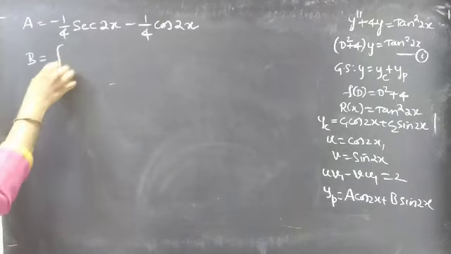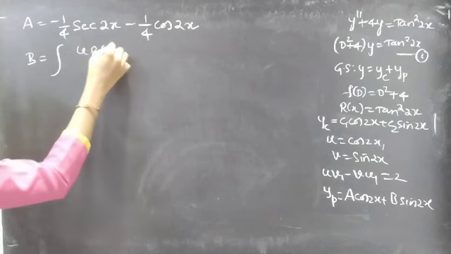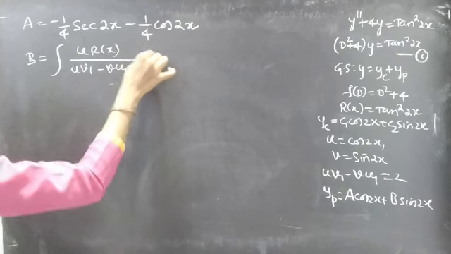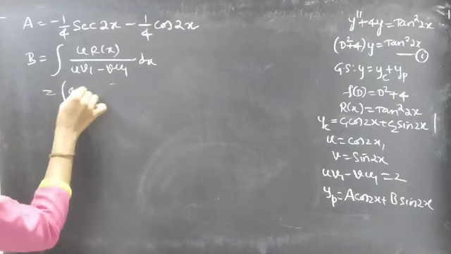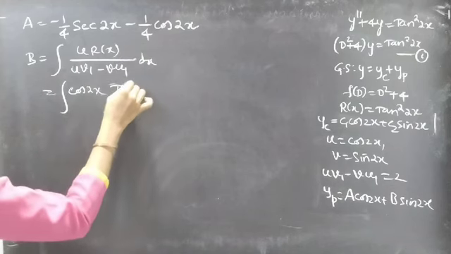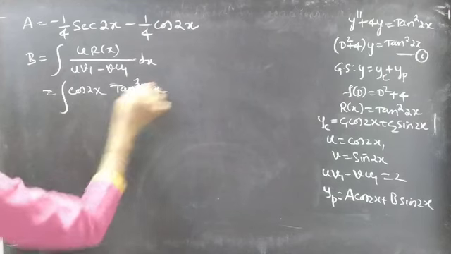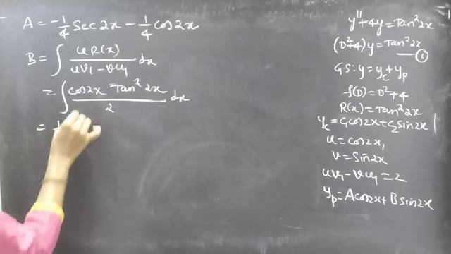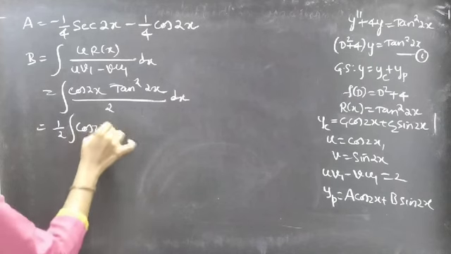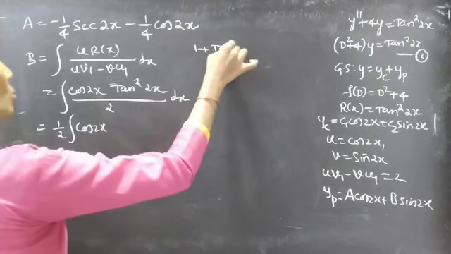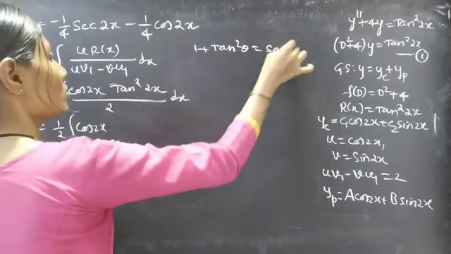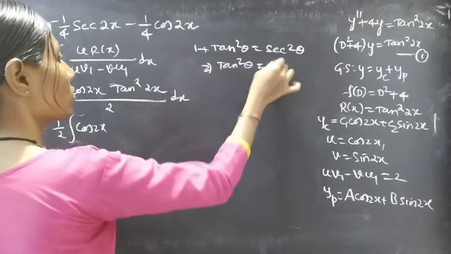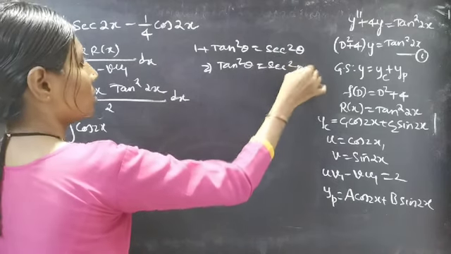We'll find B using integral u into r of x by uv1 minus vu1 into dx. This is equals to u, cos 2x, into tan square 2x by 2 into dx. This is equals to 1 by 2 into integral cos 2x into, since we know that 1 plus tan square theta equal to secant square theta, if you take 1 to RHS, you'll get tan square theta equal to secant square theta minus 1.